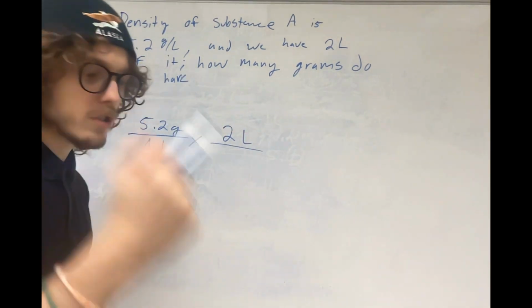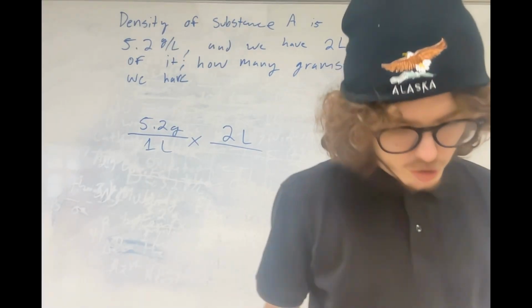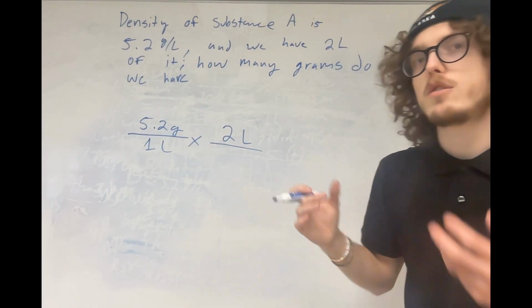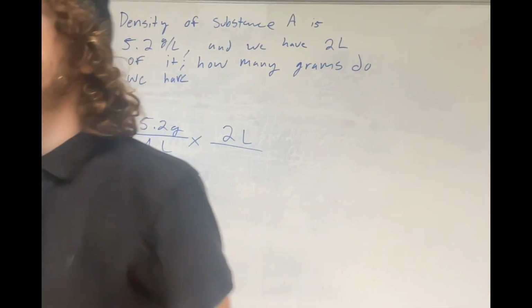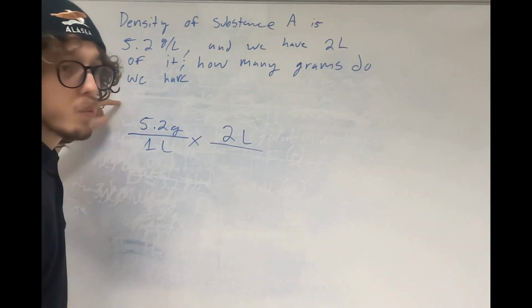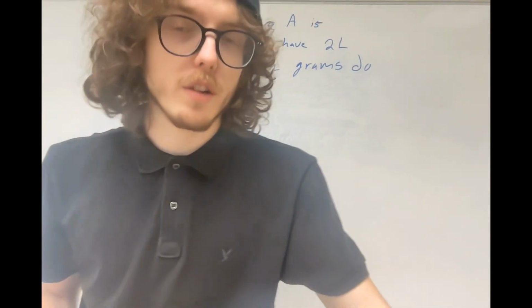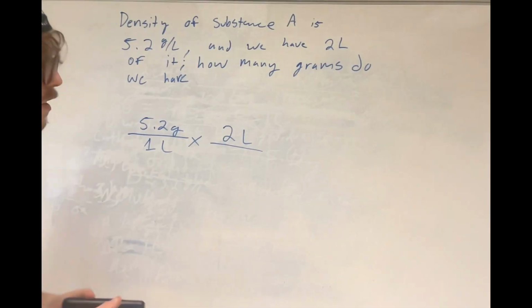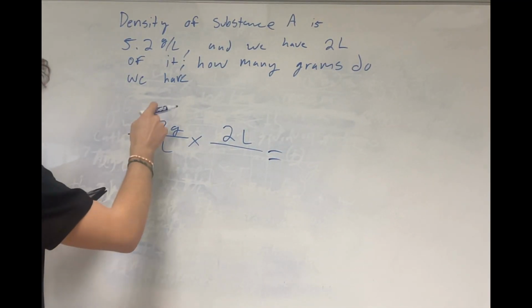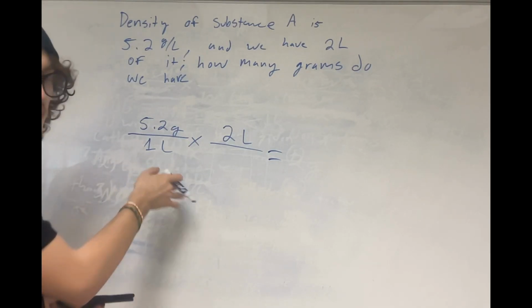Because what you want to do in dimensional analysis, this is extremely important, is cancel out the liters. The units that you don't want need to go away, and it's the best way to check your math. If the units cancel and you're left with what you want, you're going to just get what you want. Granted, everything is accurate there, but let's do it. So we're going to take this number, 5.2, it's over 1.